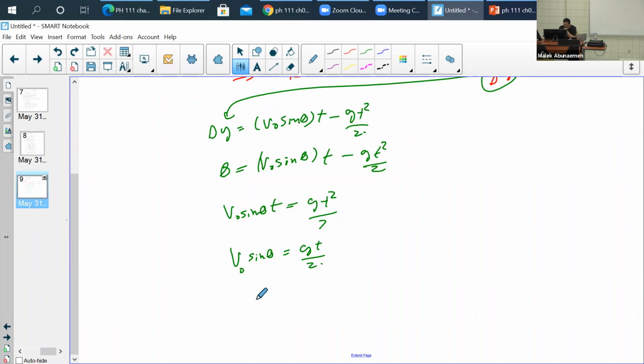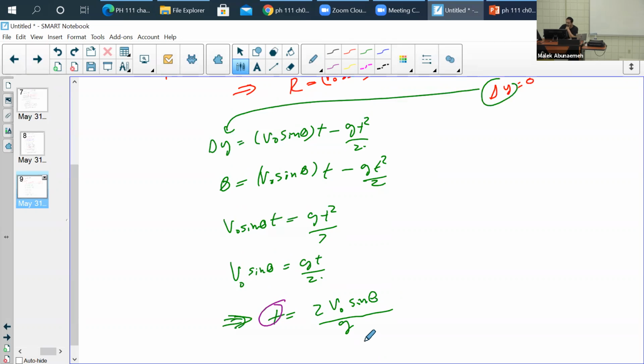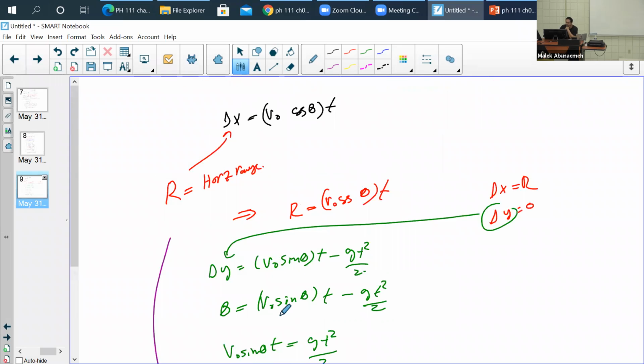That means the time is going to equal 2 multiplied by v naught sine theta divided by your acceleration of gravity, g. Well, we can actually use this time because we're talking about horizontal range, and we can substitute it into this little fella right over here.